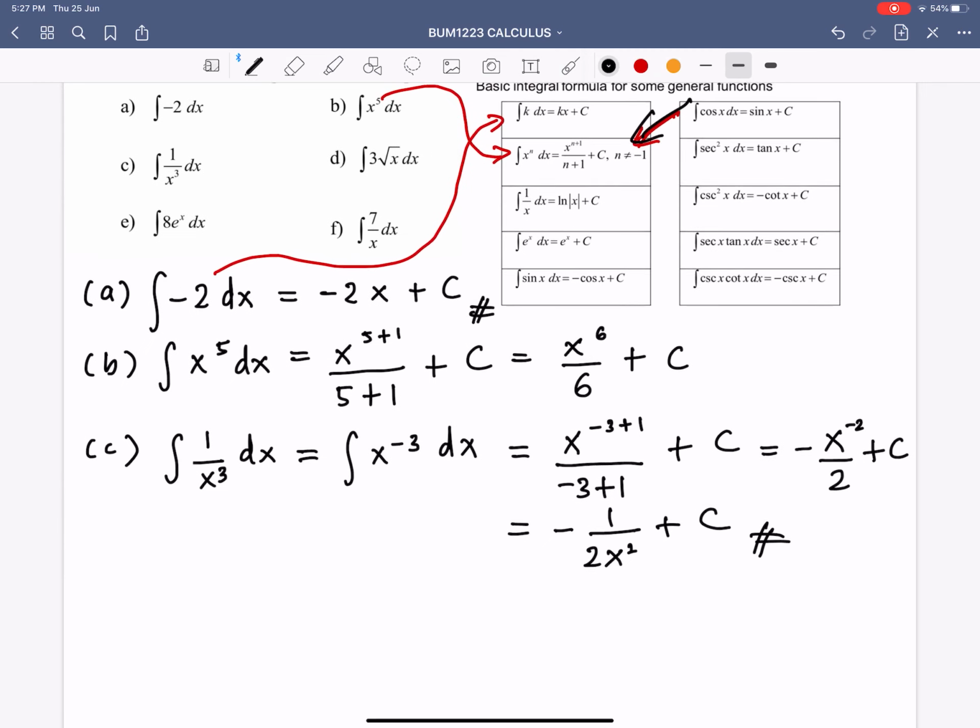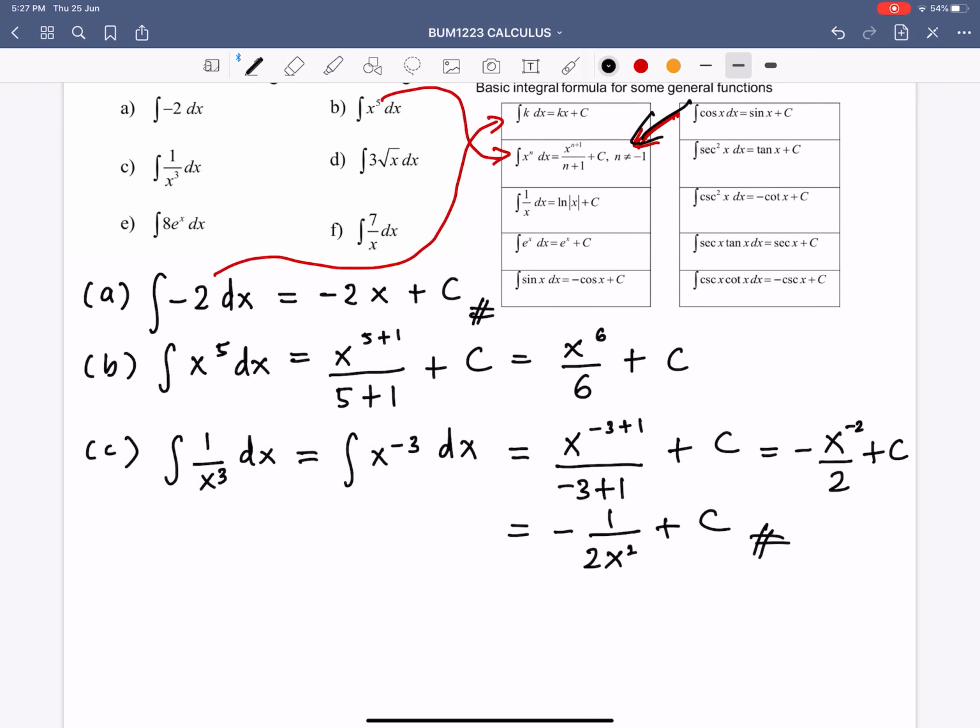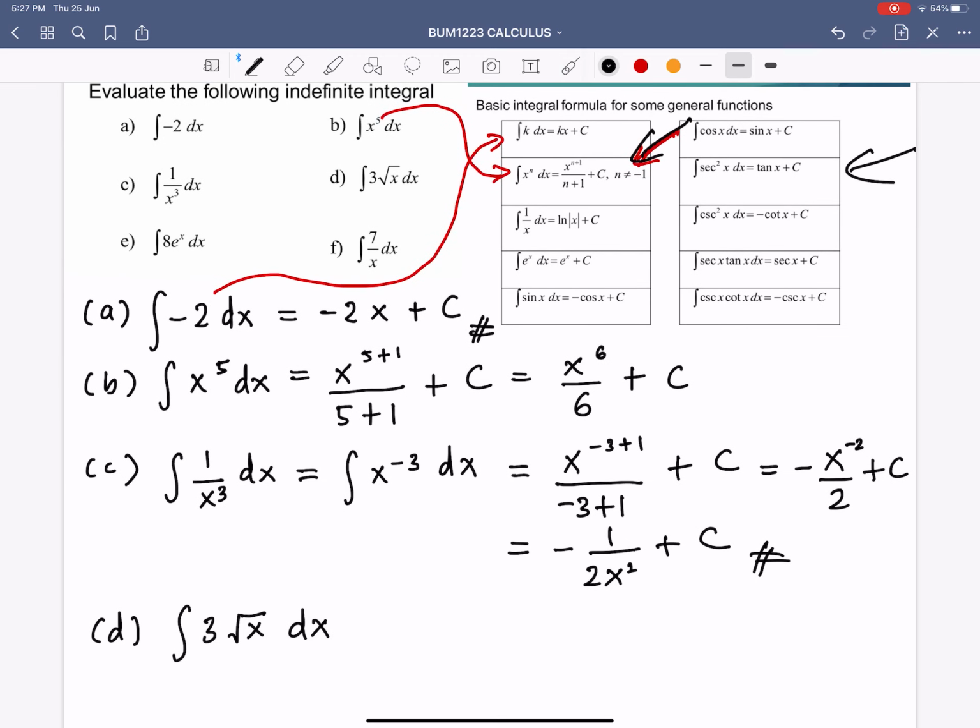Next, we want to find the integration of 3 times root x dx. If you see from the table of integration, we don't have a formula in the form of a root sign, so we have no choice.